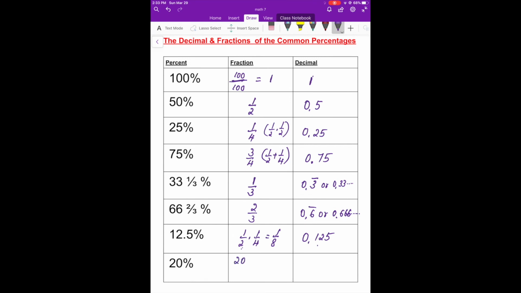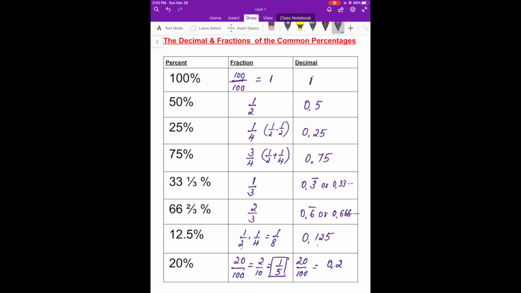And 20% is 20 over 100, where 10 is a common factor, so that is 2/10, which is going to be 1/5. If you simplify all the way through, you will get 1/5. And 20% is 20 over 100, which is 0.2.